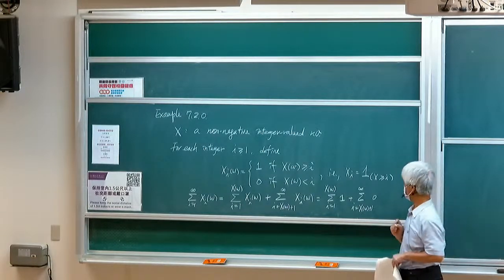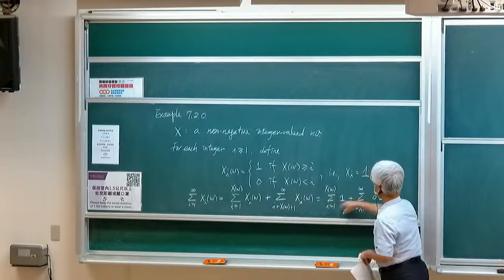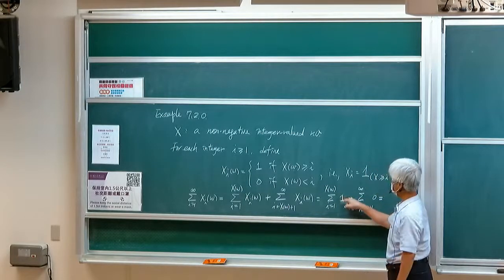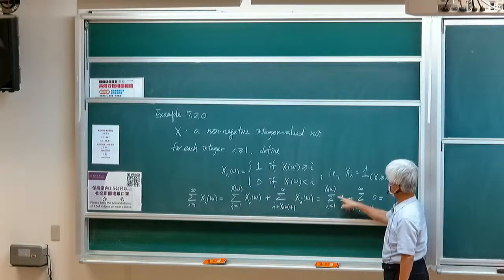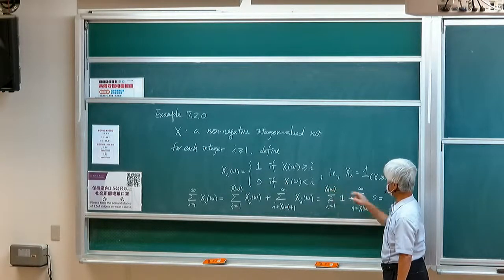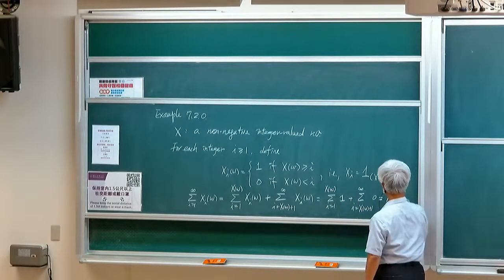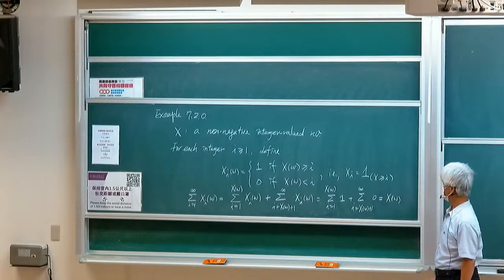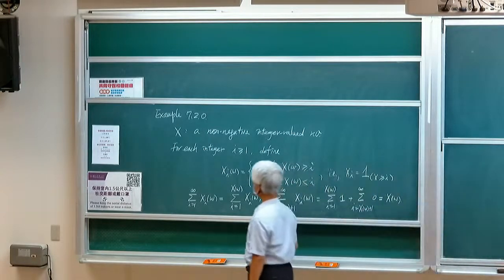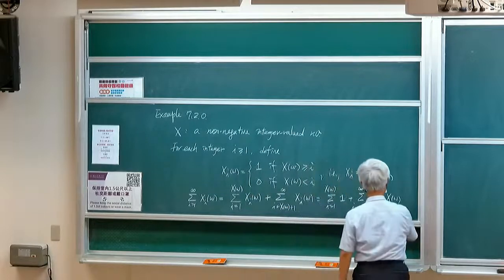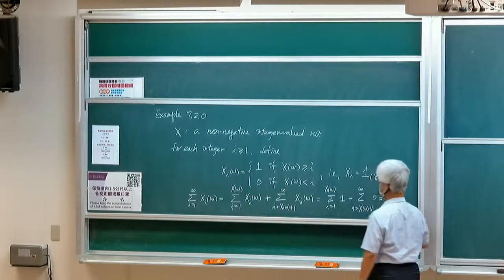Okay, and so how many ones are in this sum? How many terms in this sum? Well, we have X of omega terms, so this is X of omega. And this is true for all omega in the sample space.